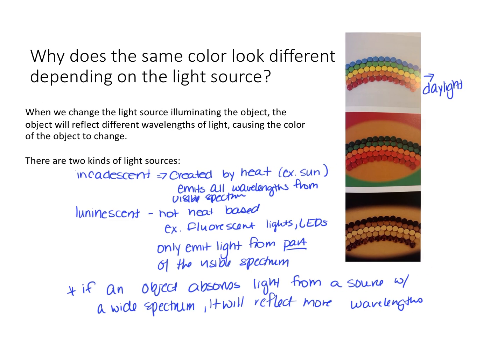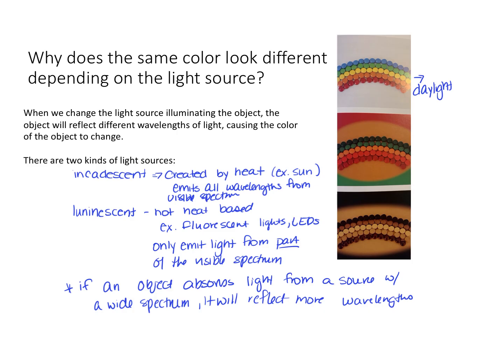Now, if an object absorbs light from a source that emits more light from one end of the spectrum, then more light from that end may be reflected. So look at the second photo here, right? This was taken under red and green theater lights. Okay. Now, the red and green light does cover most of our visible spectrum, except for blue and violet.